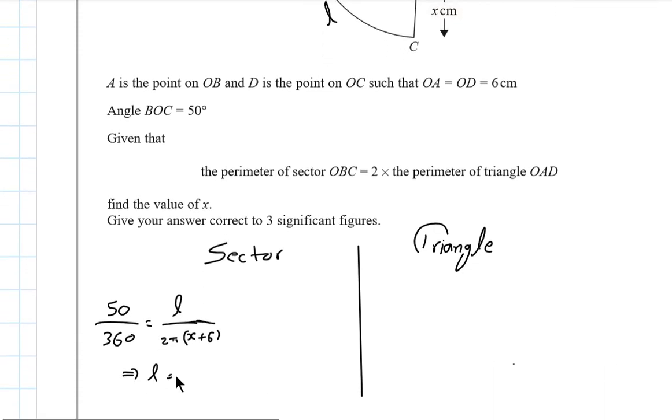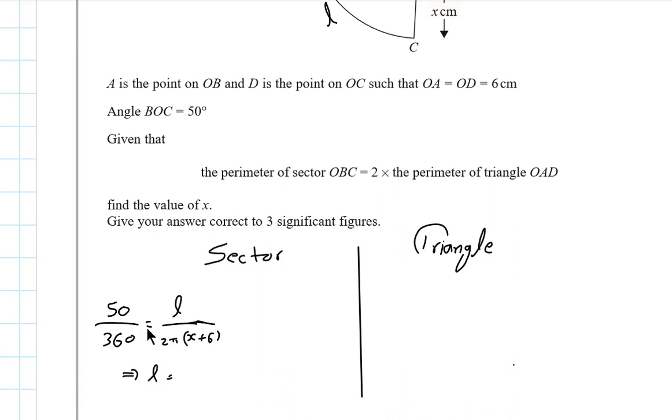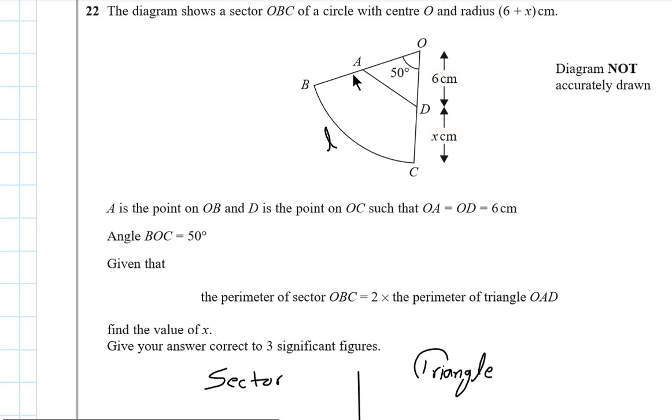By this way, we can get L. We can simplify here and divide by 10. It will be 5 pi over 18 times x plus 6, okay?